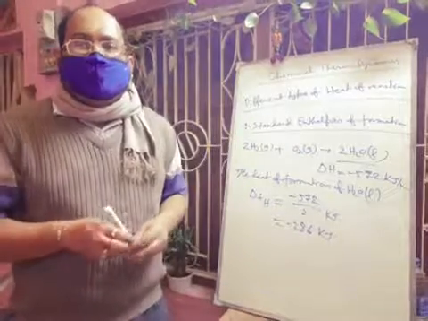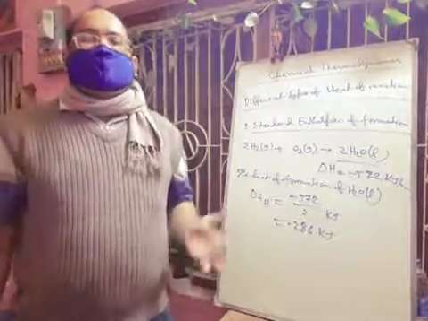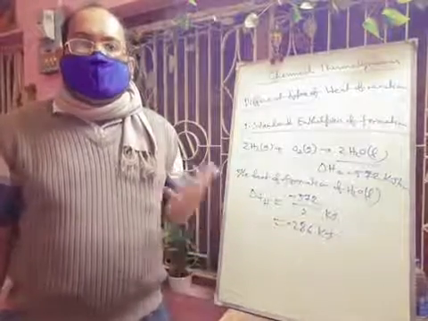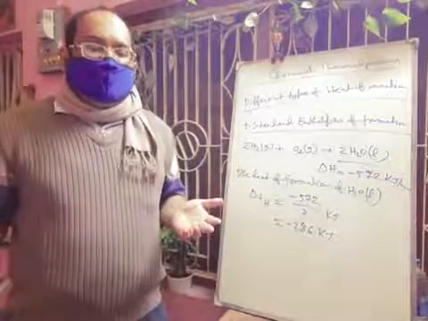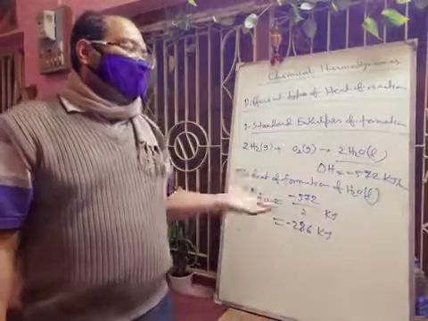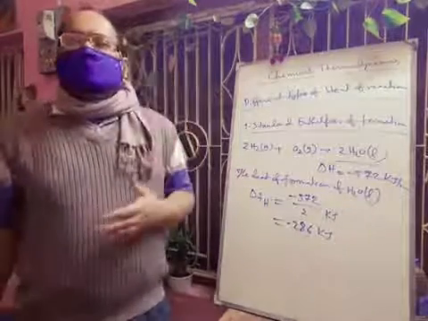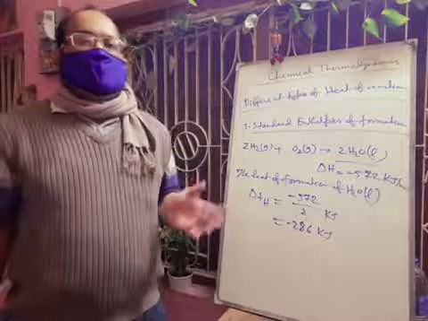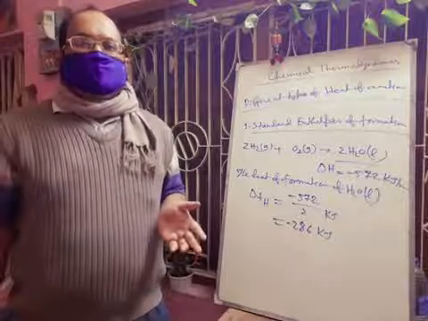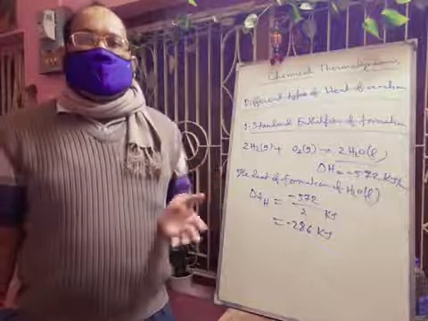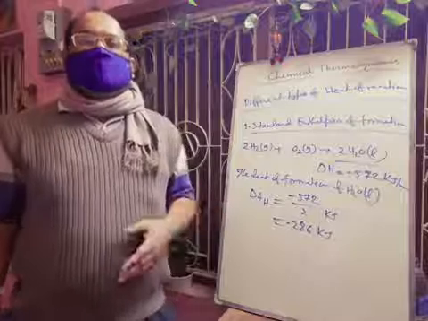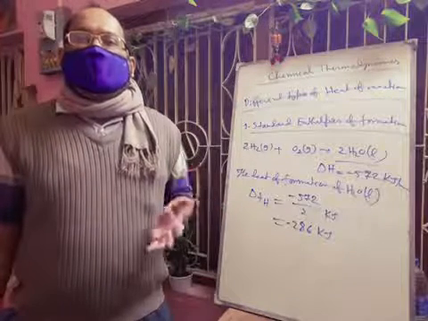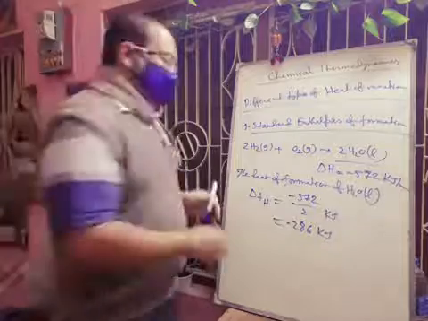Now standard enthalpy of formation is defined as the enthalpy change when 1 mole substance is formed from its element in their standard states. In their standard states means when the temperature is 298 Kelvin and pressure is 1 bar. Now delta H theta of a reaction, how to calculate? This is the standard enthalpy of formation of all products minus standard enthalpy of formation of all reactants.